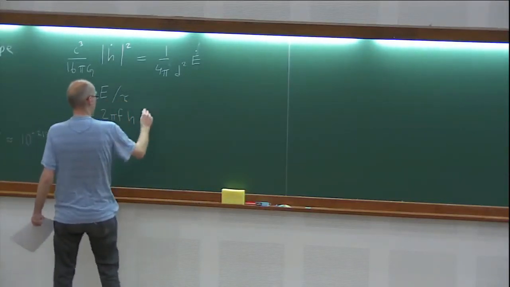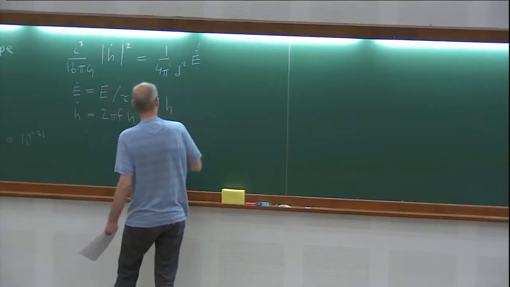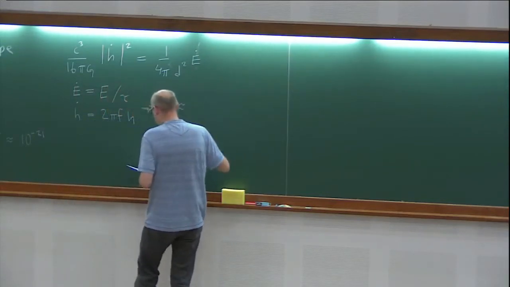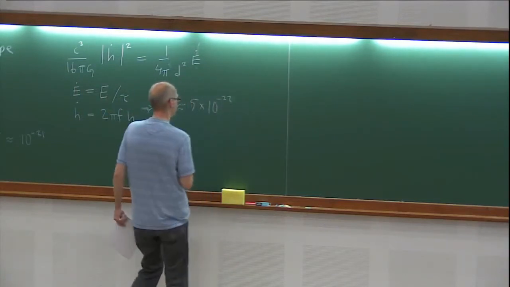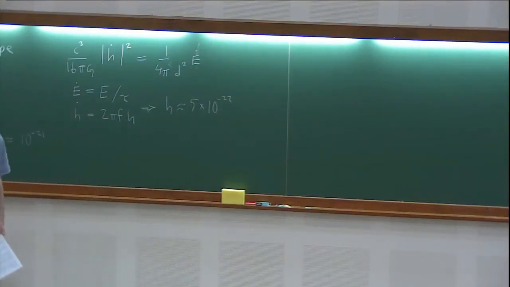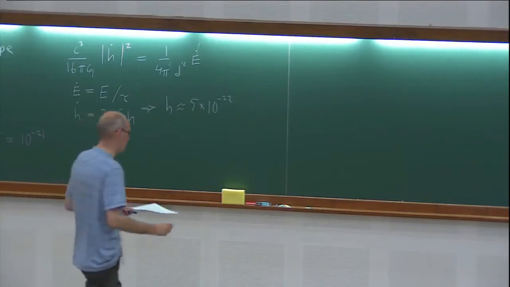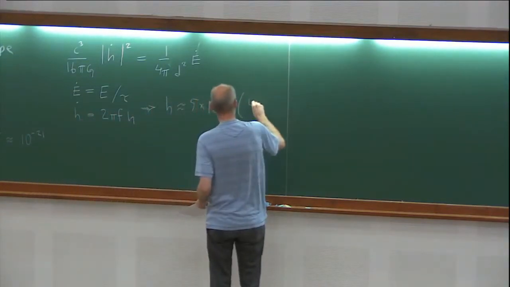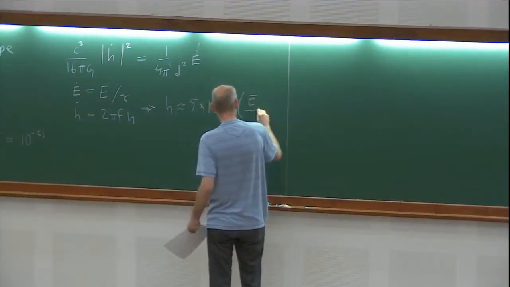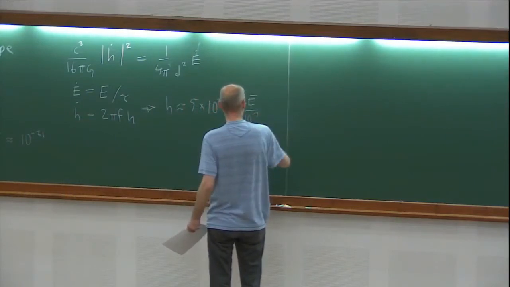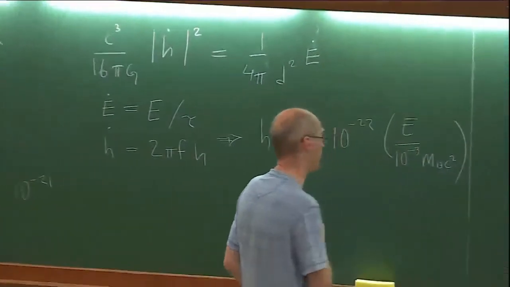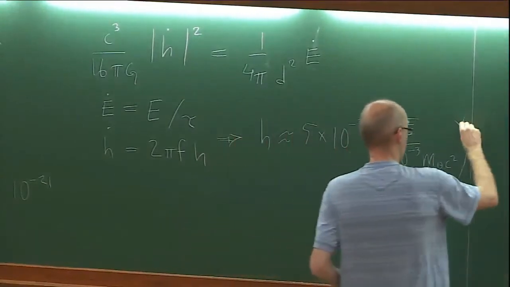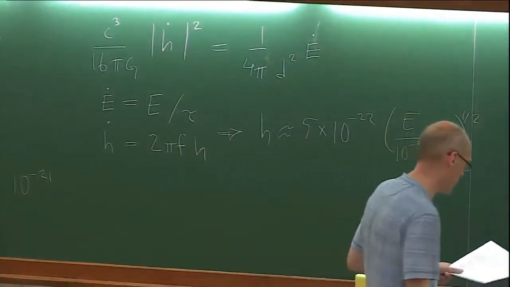Okay, I plug these in, and what comes out is a number which is 5 times 10 to the minus 22. And then scaling these different quantities I want, the energy, to, in this case, a fraction, 10 to the minus 3 of the mass energy of the sun, which is a useful measure in this context, square rooted.